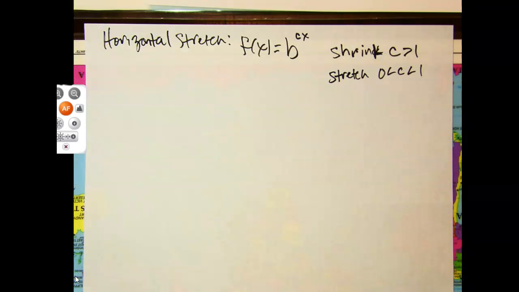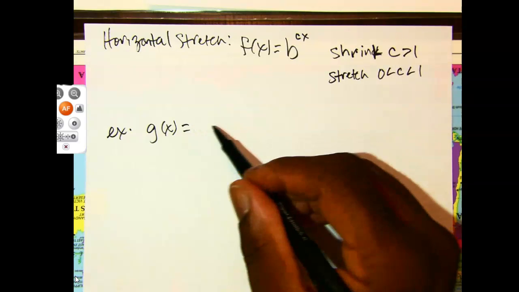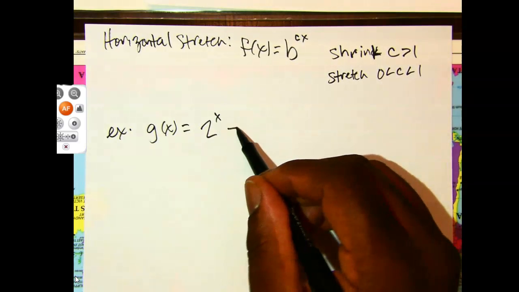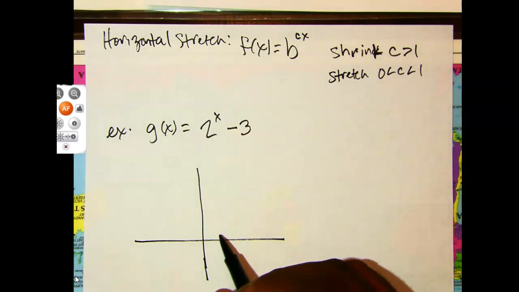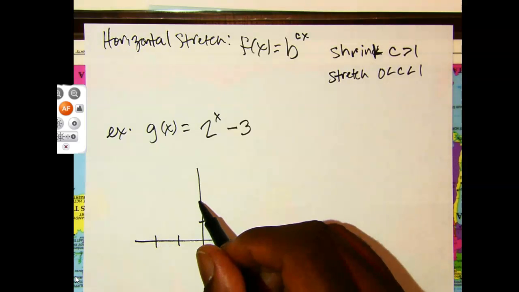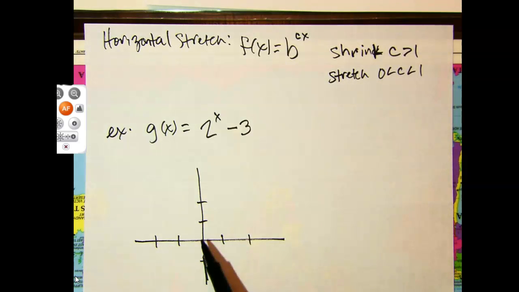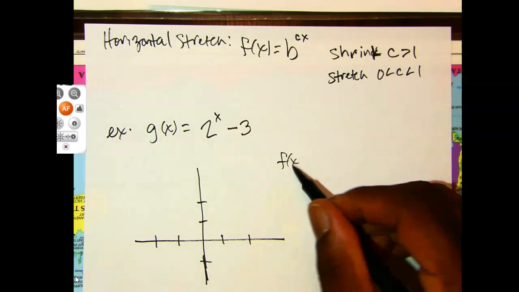Okay, so let's take a look at a graph. Let's say that g of x is 2 to the x minus 3. All right. So here our parent function is 2 to the x. And some key values in 2 to the x. Let's say f of x is 2 to the x.